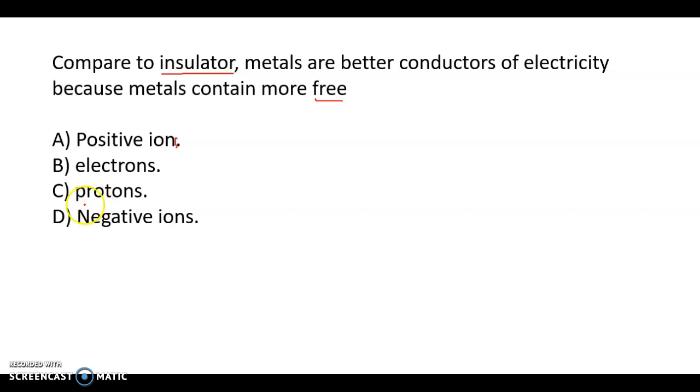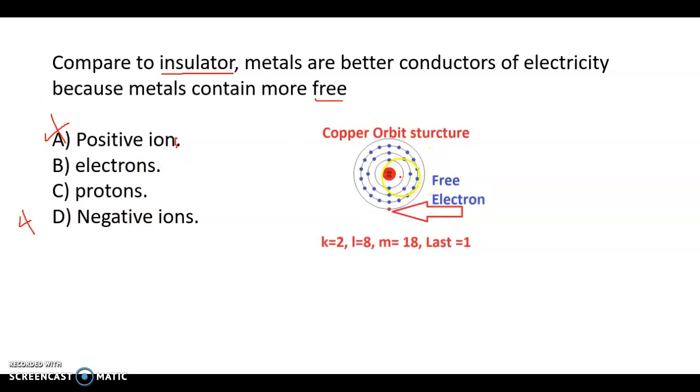So you have to know that it's not a positive ion. Positive ion does not happen here. Either A or D, they both are wrong. We have to cancel them. We have electrons and protons. Protons are always at the middle, they do not go out. So which one of them? It is the electrons. Electrons are responsible for carrying charge from one point to another point. So I could tell that easily.